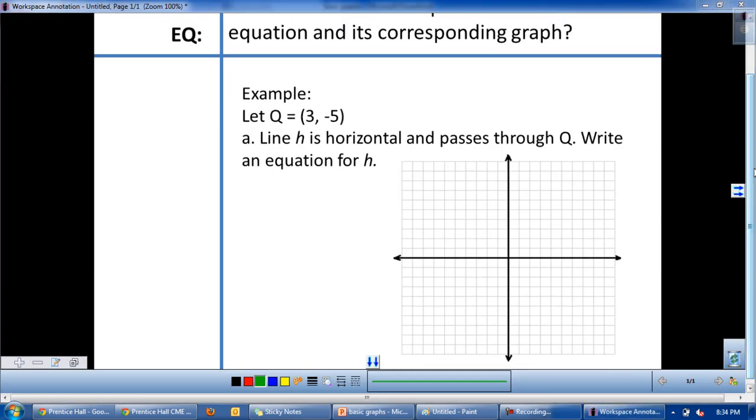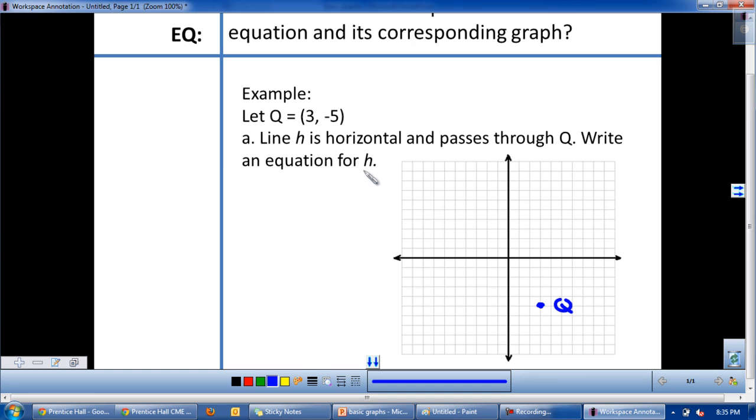All right, so let's plot (3, -5) on our graph. Pick the color, and here you go. So (3, -5), that's our point, and we're going to label it Q. It says line H is horizontal and passes through Q. Write an equation for H.